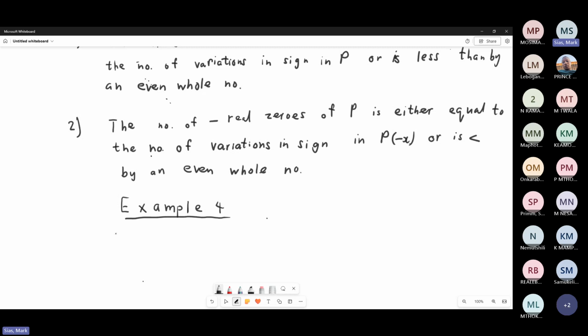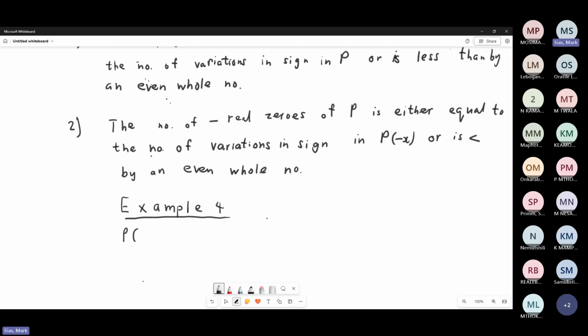So the question here, guys, is use Descartes' rule of signs to determine the possible number of positive and negative real zeros of this polynomial. Okay, so using the above rule of Descartes, we must determine the possible number of positive and negative real zeros of the following polynomial.